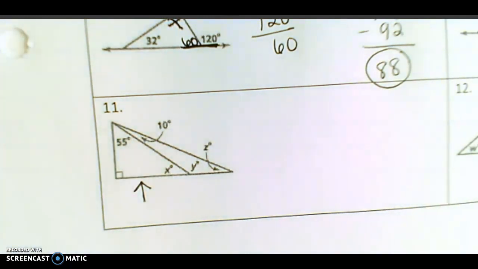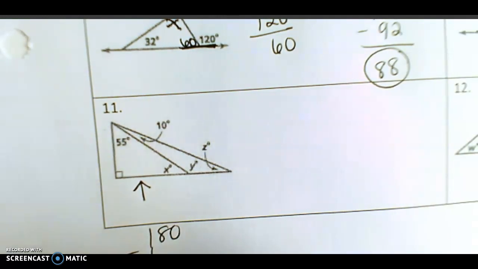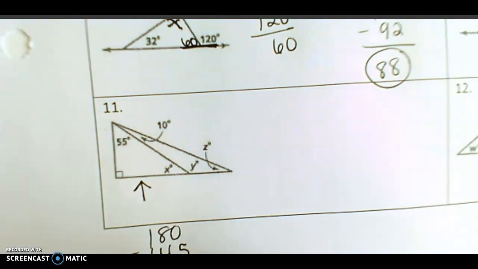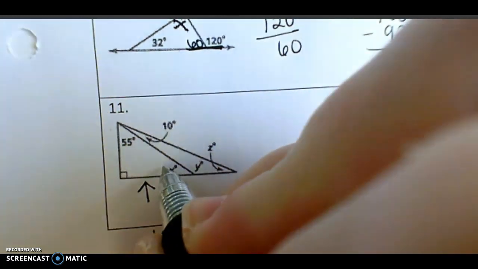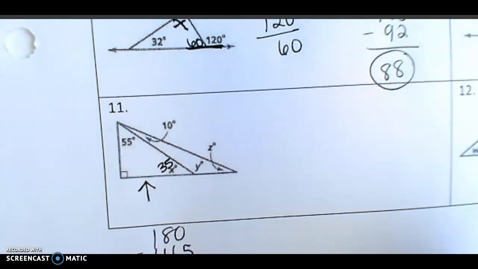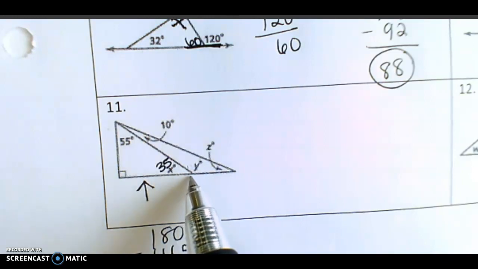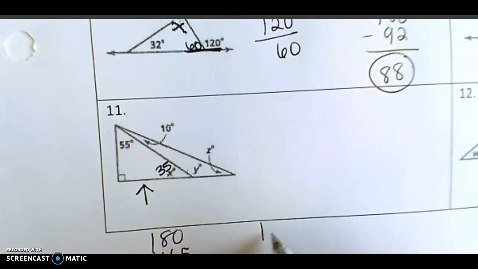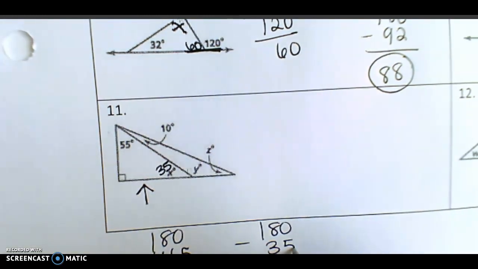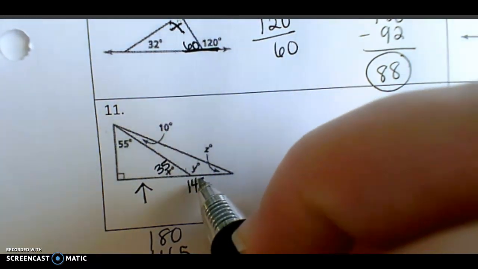So 90 plus 55 is 145, and 180 minus 145 is 35, and that's x. Then I need to get y. Y is right beside x, and it makes a line, so 180 minus 35, which is 145, is y, because it's side by side.